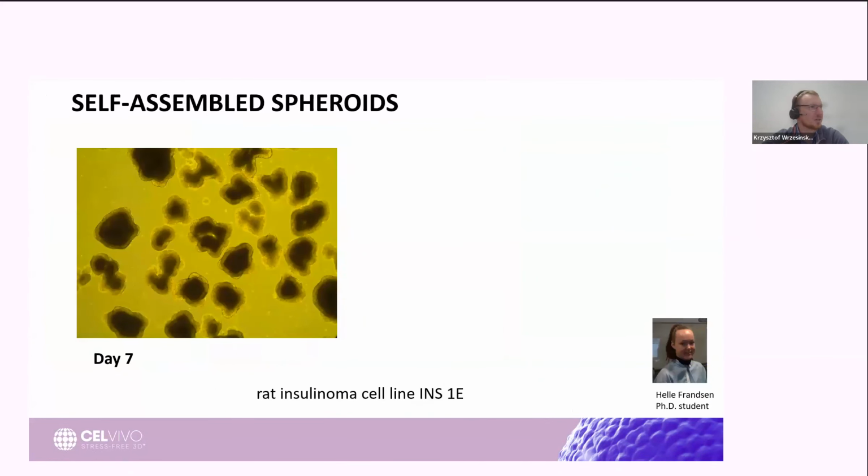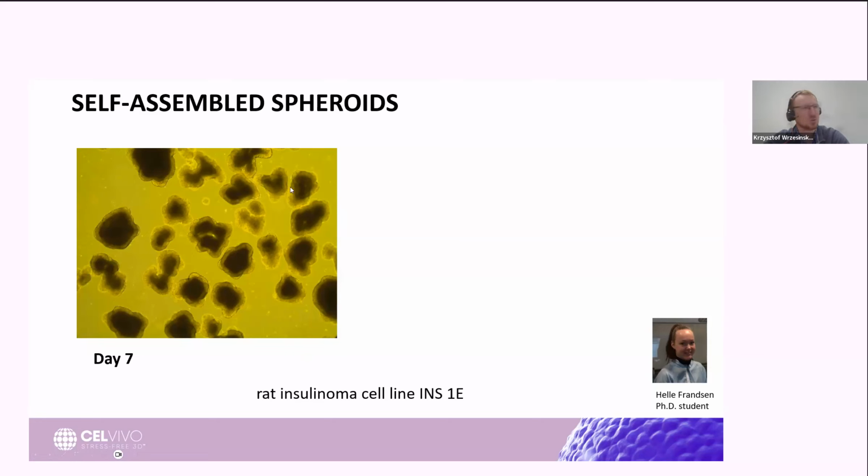Here I would also like to show you another example, where we created a construct made out of the rat insulinoma cell line INS1E. You can see that those constructs are not exactly identical or regular. That presents a challenge for downstream applications if you have a population of not very uniform constructs.